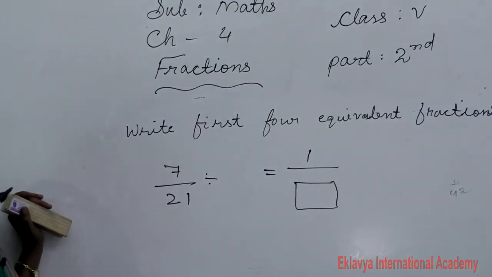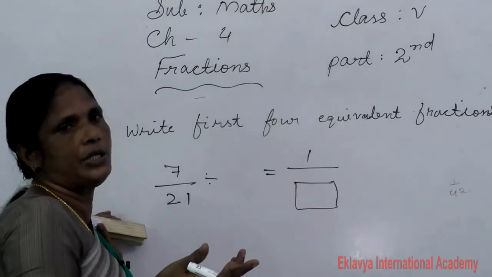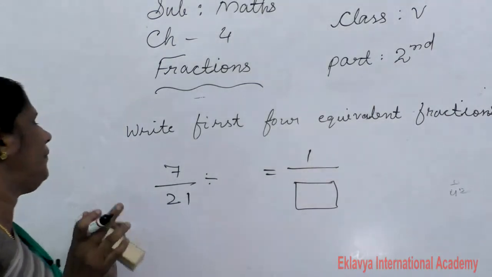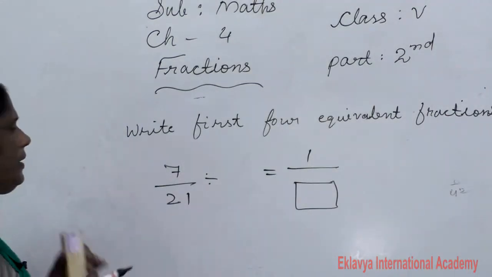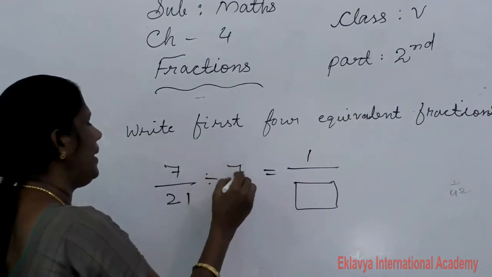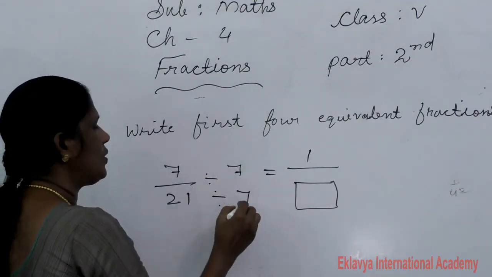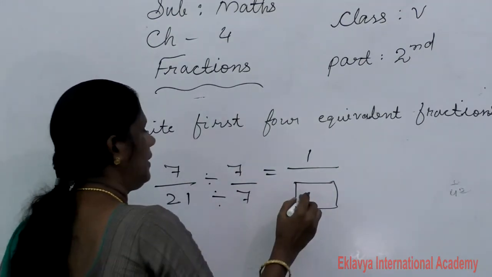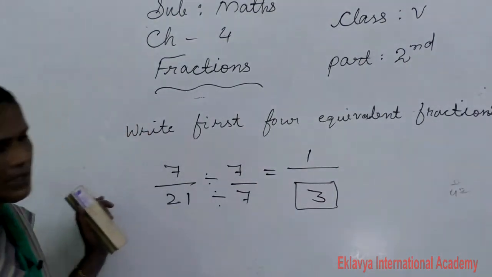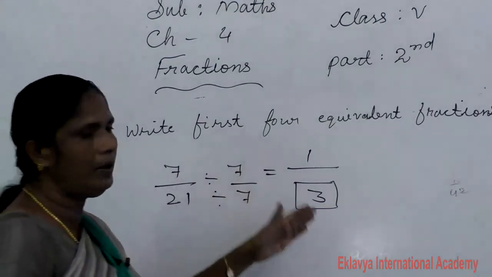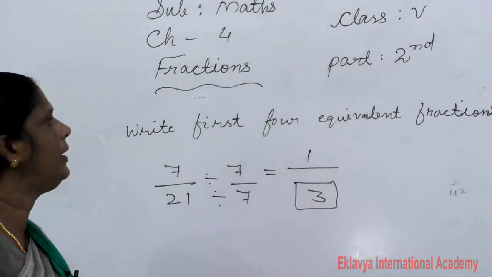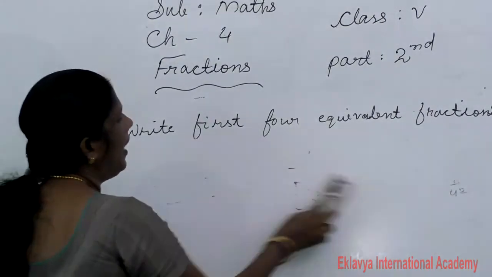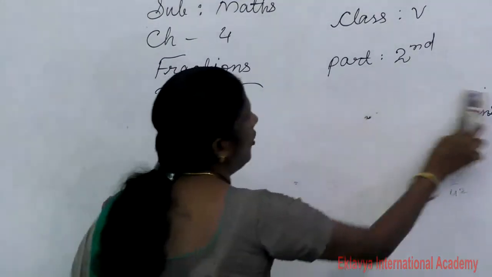To get a larger fraction, we multiply. Here we divide by 7, here also divide by 7. We get here 3. What is our fraction? 1 by 3. Okay.